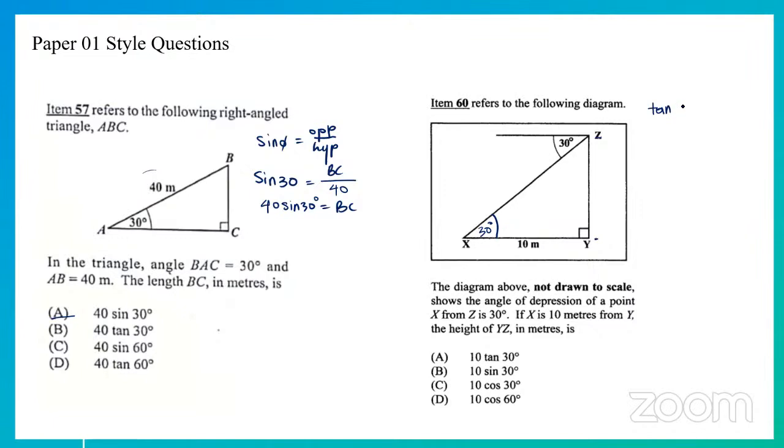So it would be tan 30 equals YZ over XY. Sorry. So tan theta equals opposite over adjacent. And replacing those values would be tan 30 equals YZ, because we don't know what YZ is, over 10. So once again, like before, we bring over our 10, and that would look like 10 tan 30.